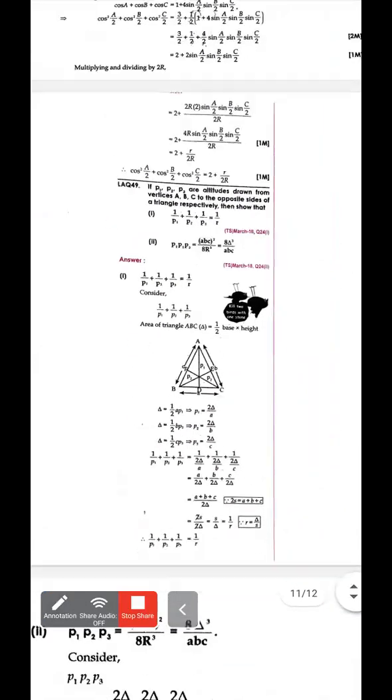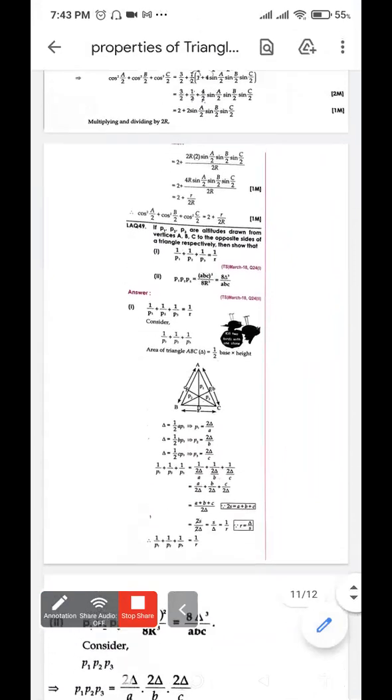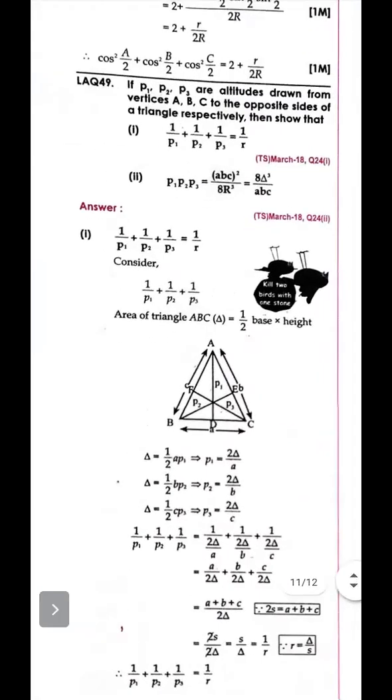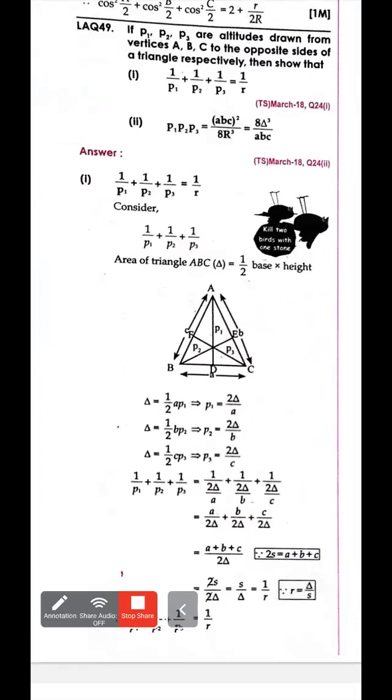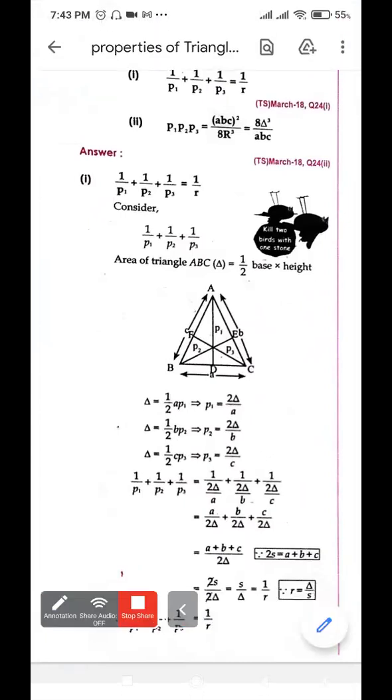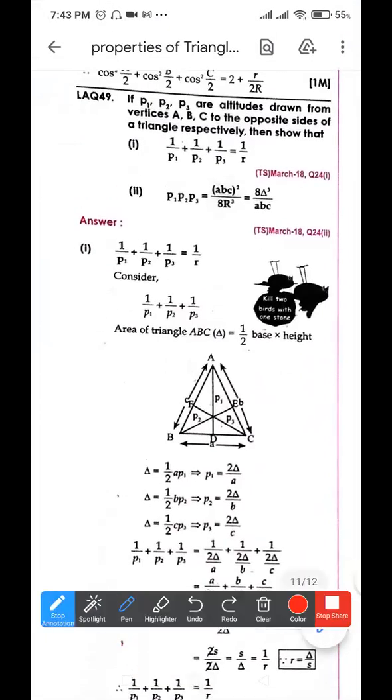And now for the last question, and this is one of the most important and most easy questions. Okay, this is an important question. You must learn this question.